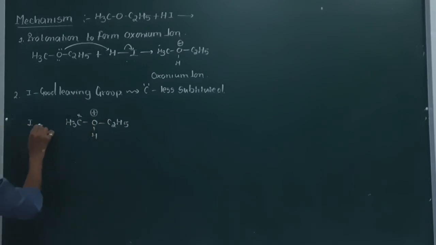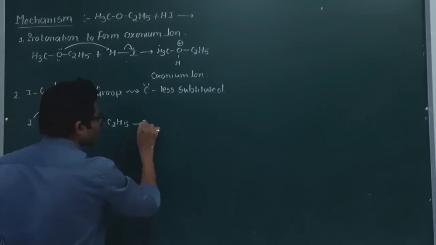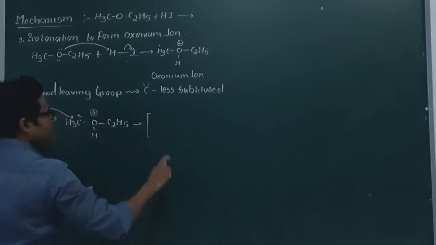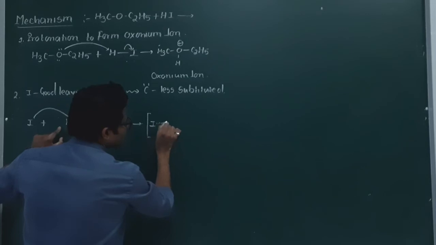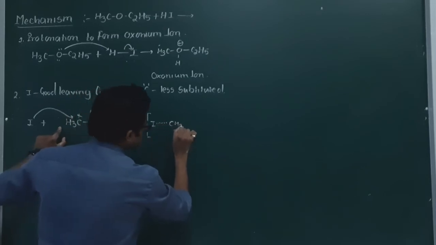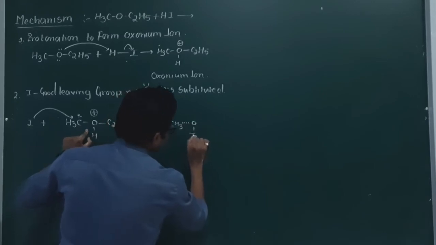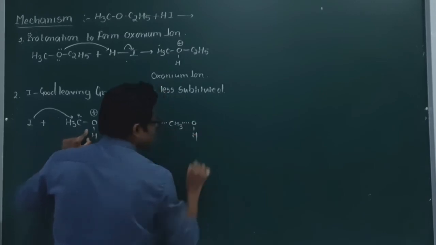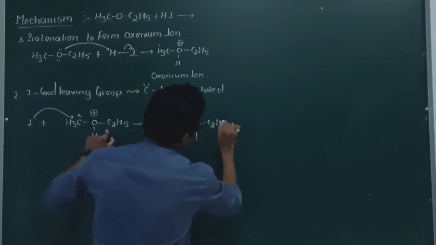Thus, when iodine attacks this particular carbon over here, an intermediate is formed. So what we have is the intermediate CH3, oxygen, hydrogen, connected to C2H5.